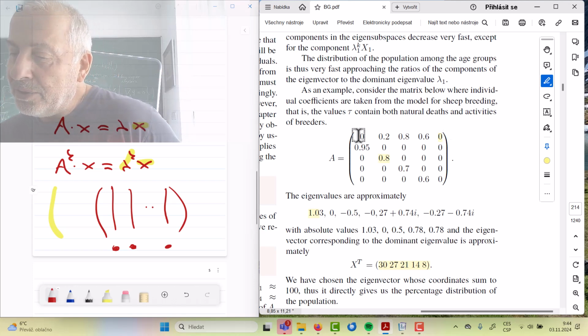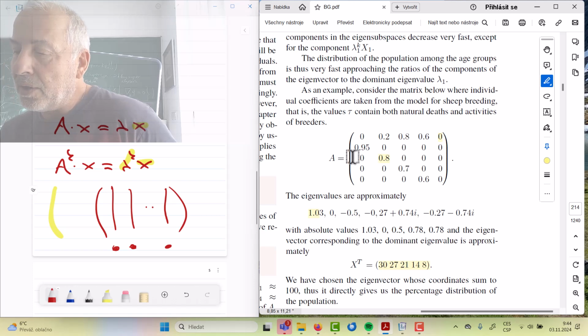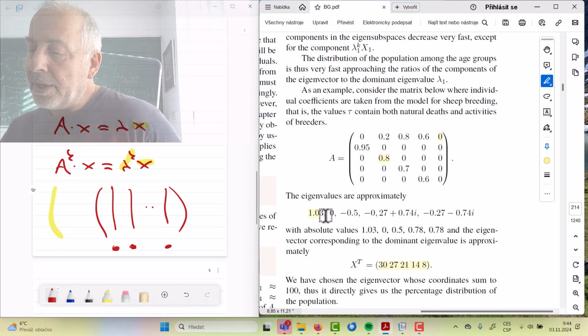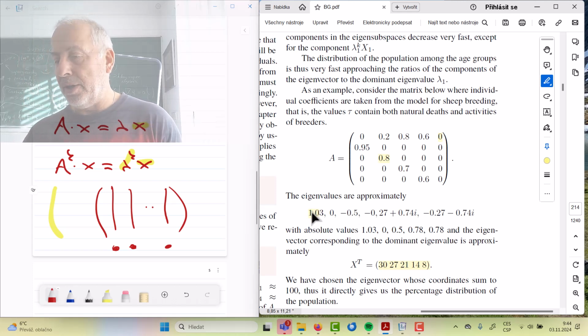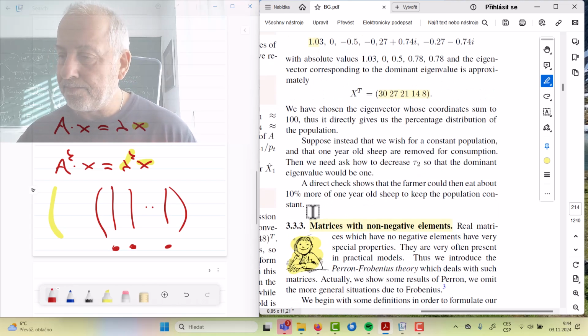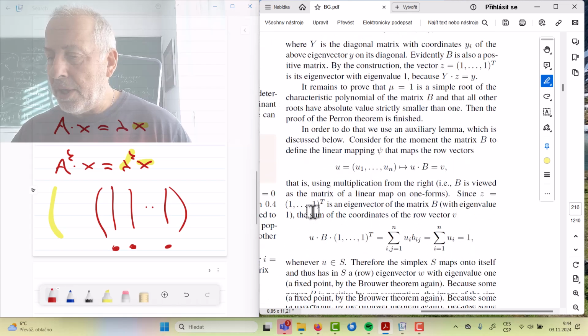And then you see the sums, right? So here 1.5 is the biggest sum, and 0.95 is the smallest sum, right? And so this dominant value must be between those, and it is. Right, so that's the Perron theorem.